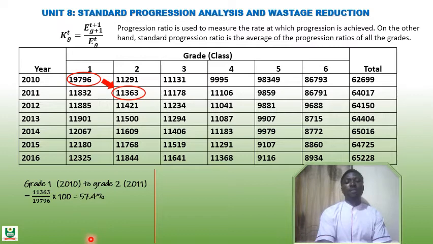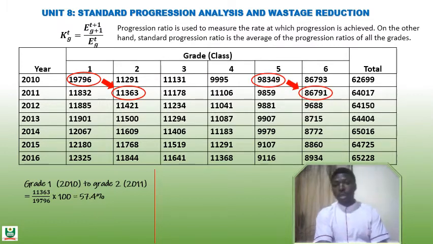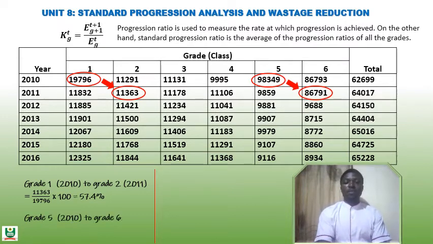So that is the progression ratio from grade 1 to grade 2. Now let's take another example. For instance, okay, grade 5 to grade 6, 2010 to 2011 as well. So what we need to do is employ the formula grade 5 2010 to grade 6 2011. We have the number of students progressed to grade 6 2011, that is 86,791.